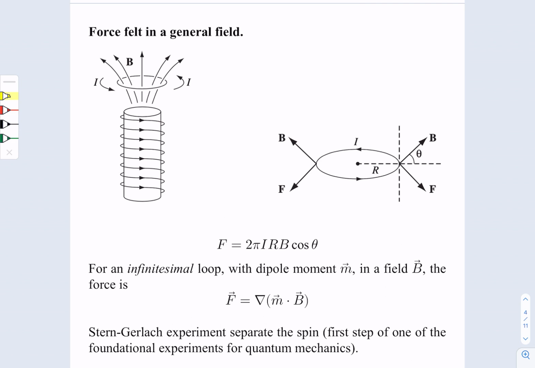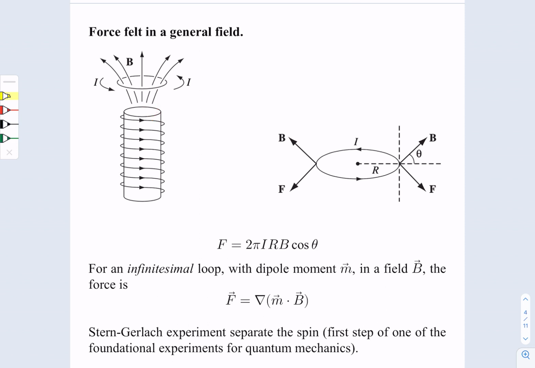And if you go around this loop, the force will always point downwards. So there is a total force that's pushing this loop of current towards this solenoid.